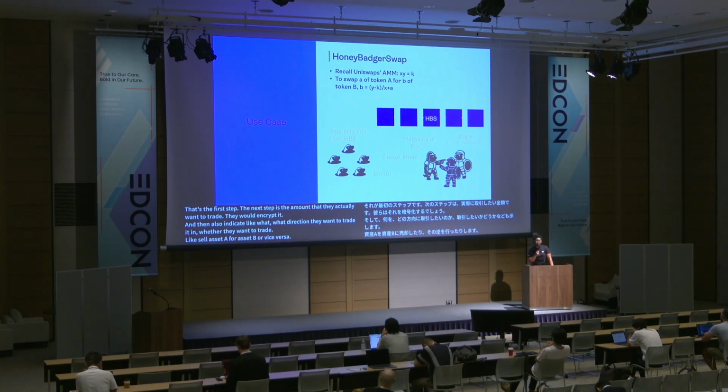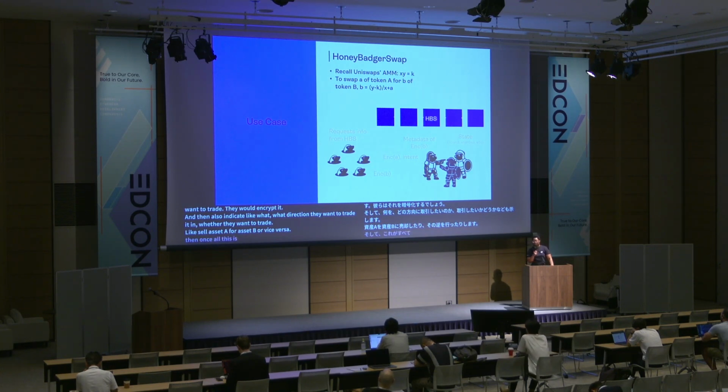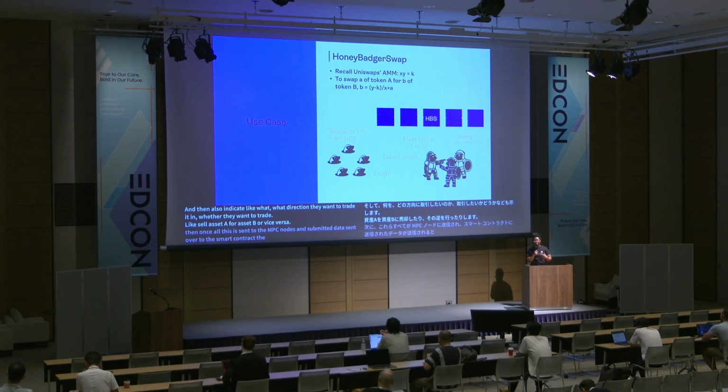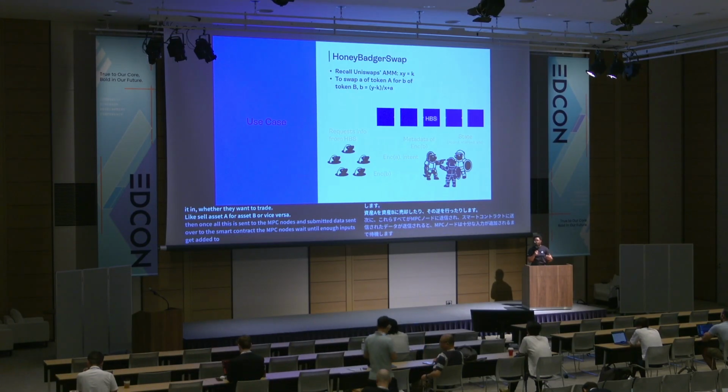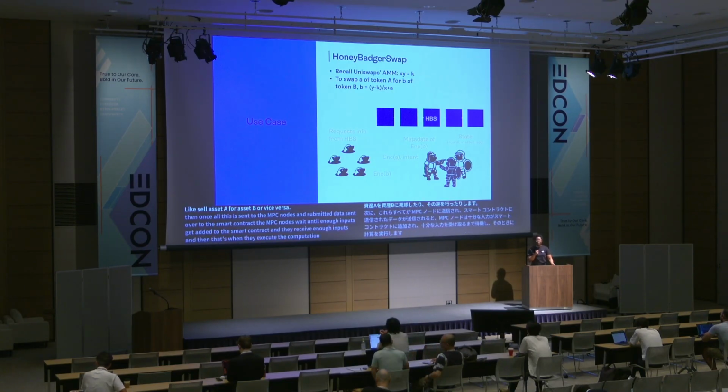Then once all this is sent to the MPC nodes and some metadata is sent over to the smart contract, the MPC nodes wait until enough inputs get added to the smart contract and they receive enough inputs, and then that's when they execute the computation. This was typically done in batches because Uniswap requires shared state.